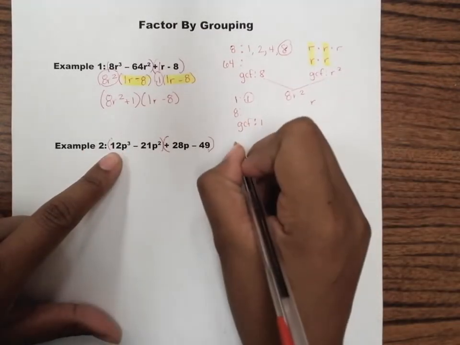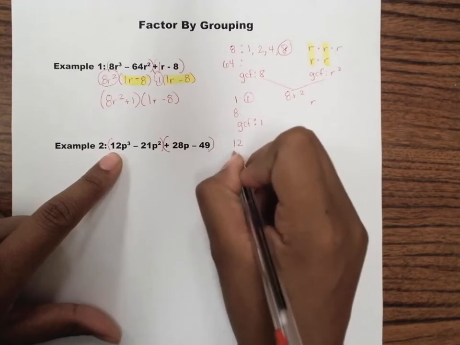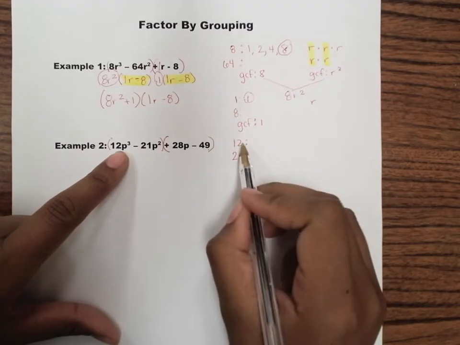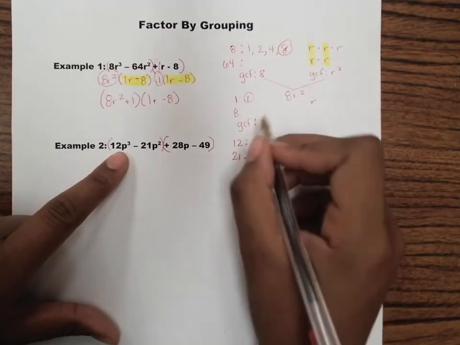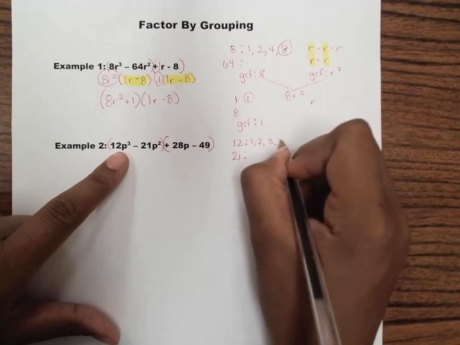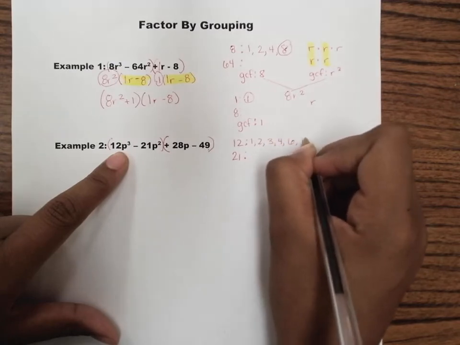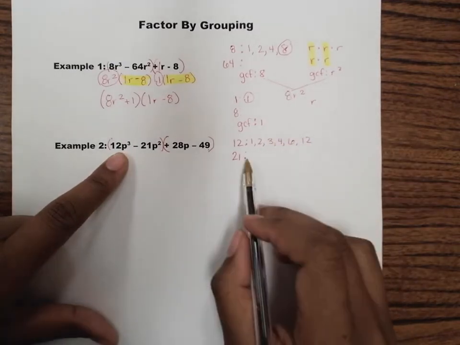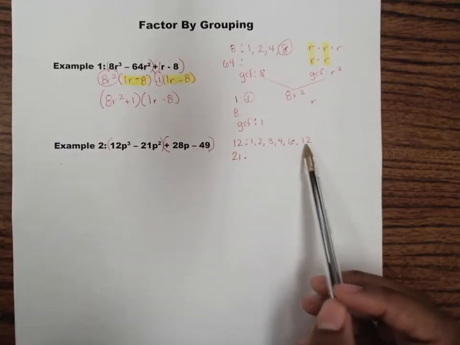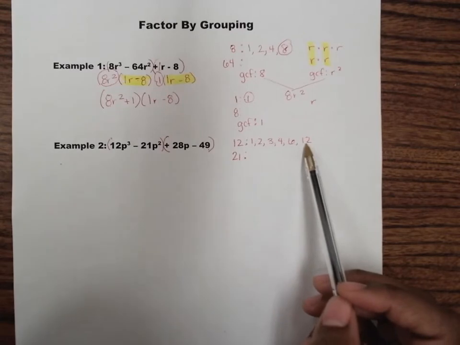I have the GCF of 12 and 21. I'm going to list all my factors of 12. So that's 1, 2, 3, 4, 6, and 12. Now, there's no need for me to list all the factors of 21 because I know that the greatest number I have can be 12.